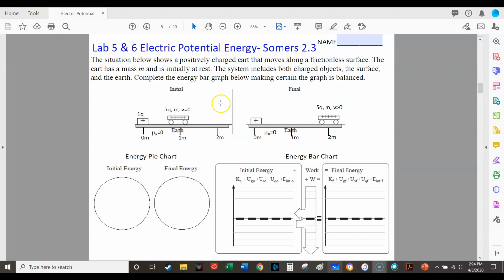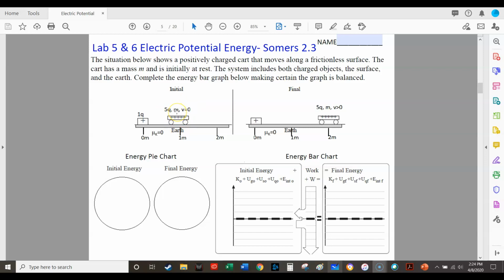So here we have a problem, and we're going to do just a really simple problem right in the beginning. We have a positive 1Q charge causing a voltage, emanating an electric field in all directions. This voltage is going to be interacting with a cart, which has 5 charges built up on it.